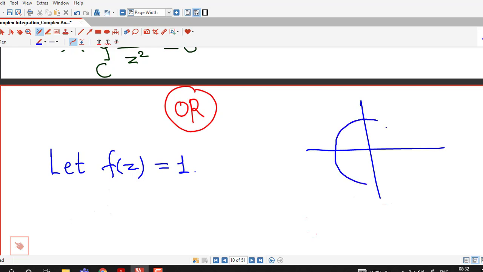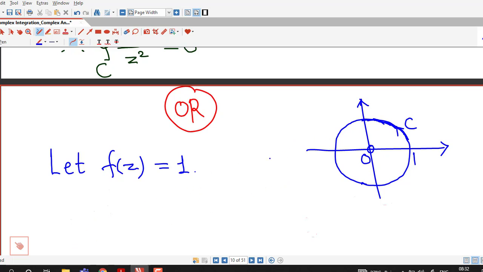It is the unit circle, so circle with center 0 and radius 1. This is just a rough sketch, so you don't have to sketch the contour in your examination, but this is just for understanding. This is the contour mod z equal to 1, that is, circle with center 0 and radius 1.